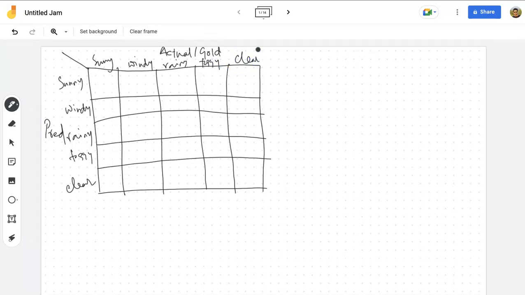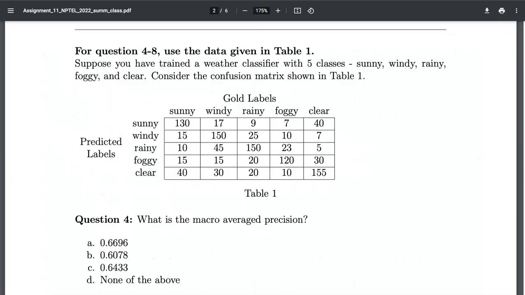Now let's fill up the cells. The values are already given: 130, 70, 9, 740.